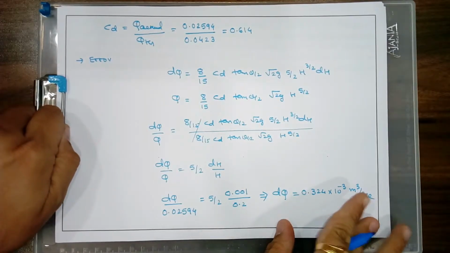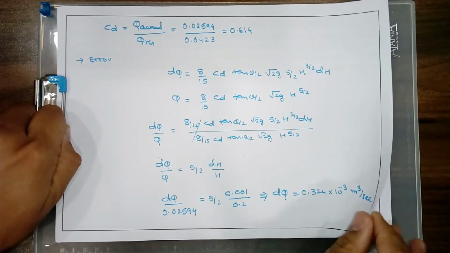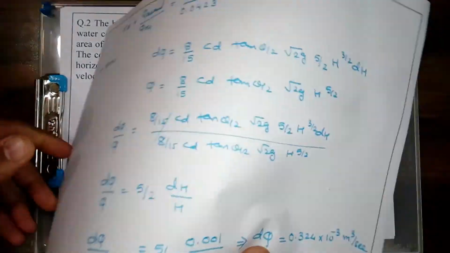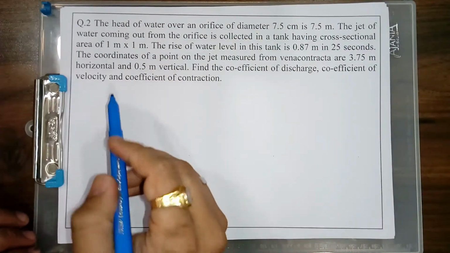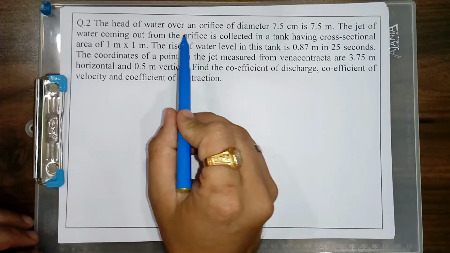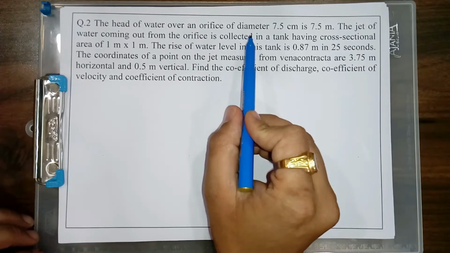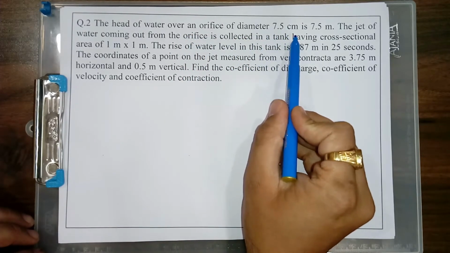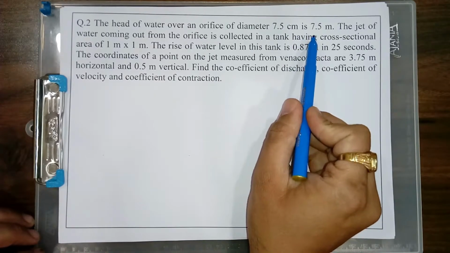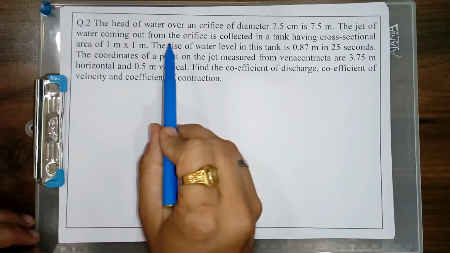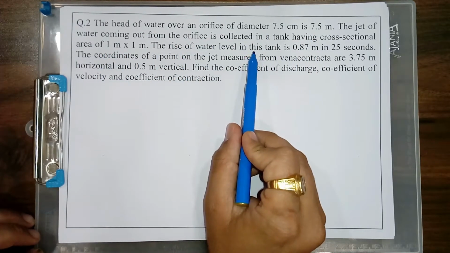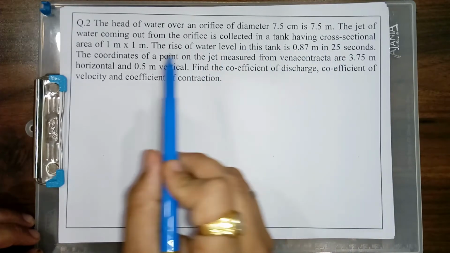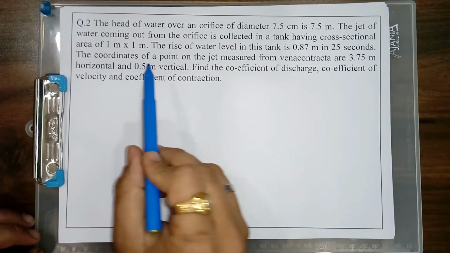Now students, we are moving towards the next numerical, number 2. Numerical number 2: the head of water over an orifice of diameter 7.5 centimeter is 7.5 meter. The jet of water coming out from the orifice is collected in a tank having a cross-sectional area of 1 meter by 1 meter.